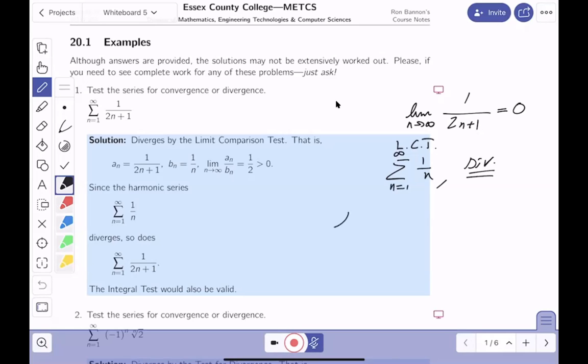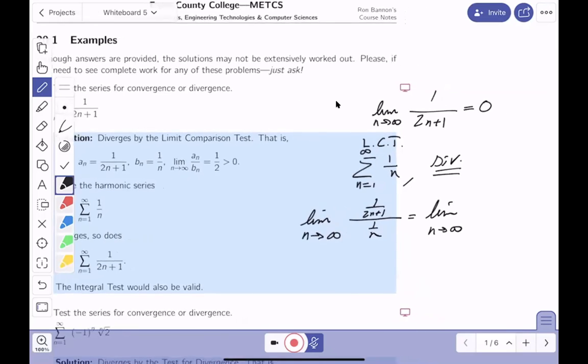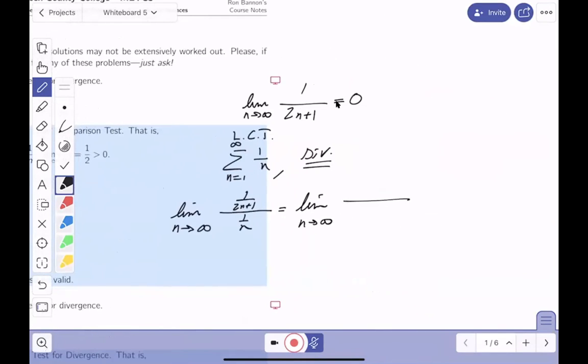Let's write this down. Limit as n goes to infinity. This is always tough for me to write down, but I'll write it down. And what am I going to write down? I guess a_n, which is that 1 over 2n plus 1, and I'm comparing it to this over here. Well, I've got to figure that one out, right? So limit as n goes to infinity, well, I've got to make that a little better looking, don't I?